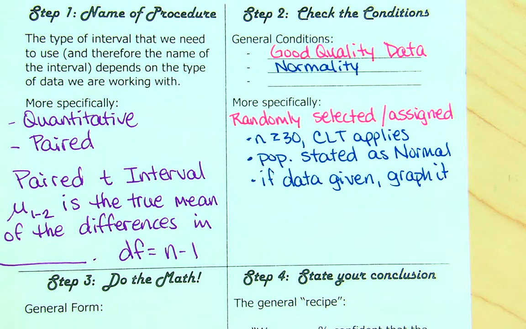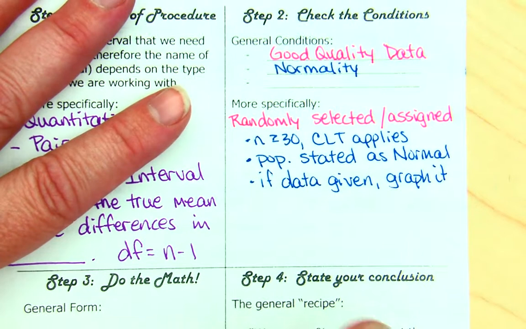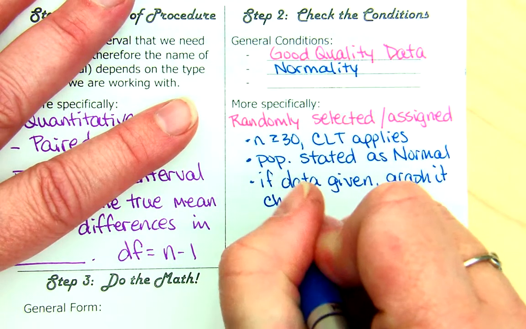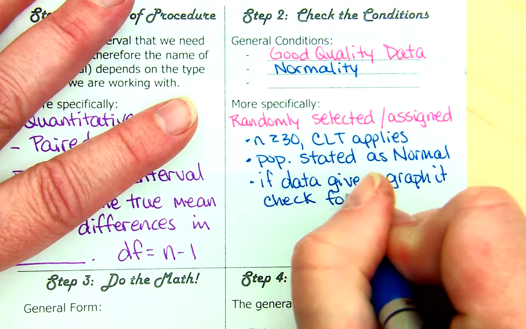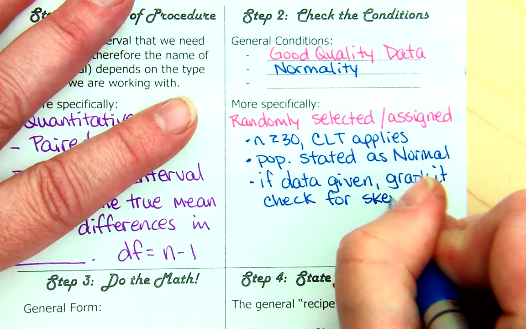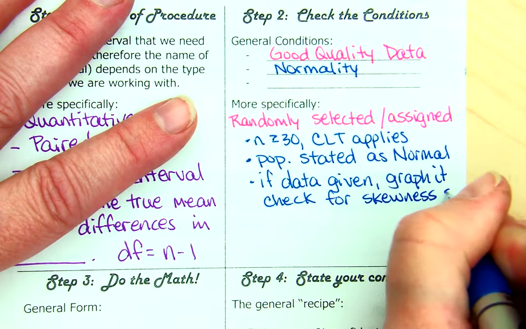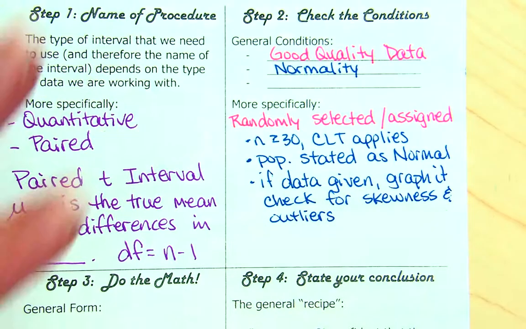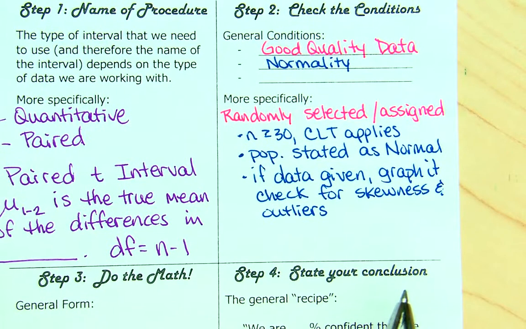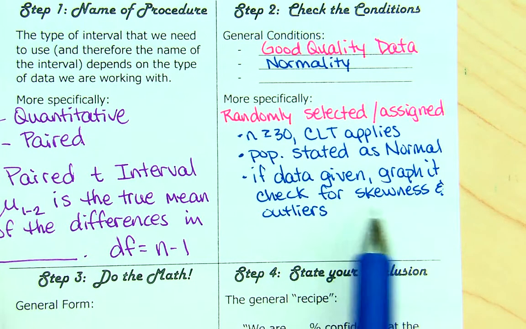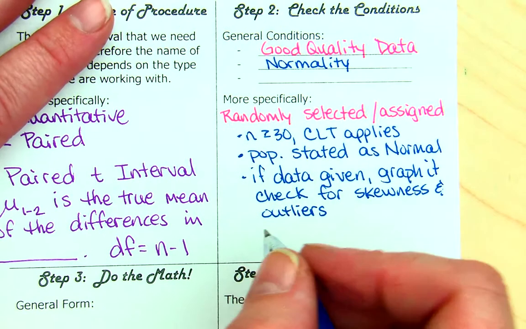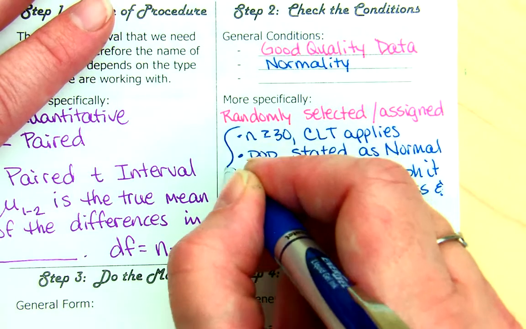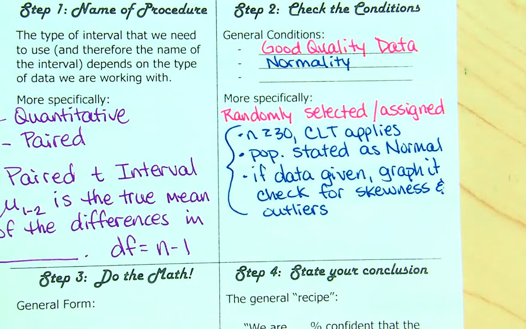Then we're going to check for skewness and outliers. That would be if you're doing a histogram or a box plot or something like that to graph the data. If you're doing a normality plot, you're going to check for linear. Okay? So we're going to check our data.